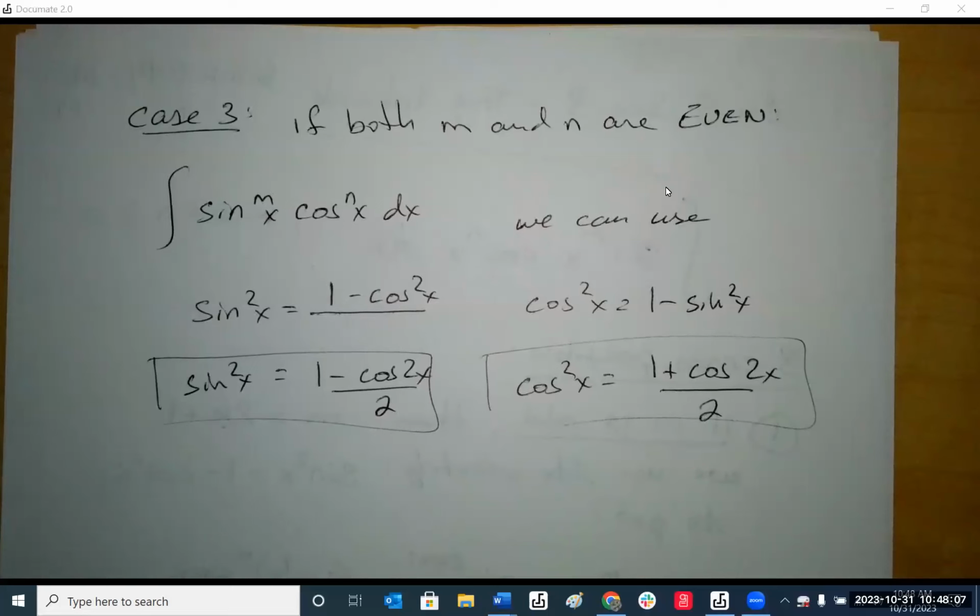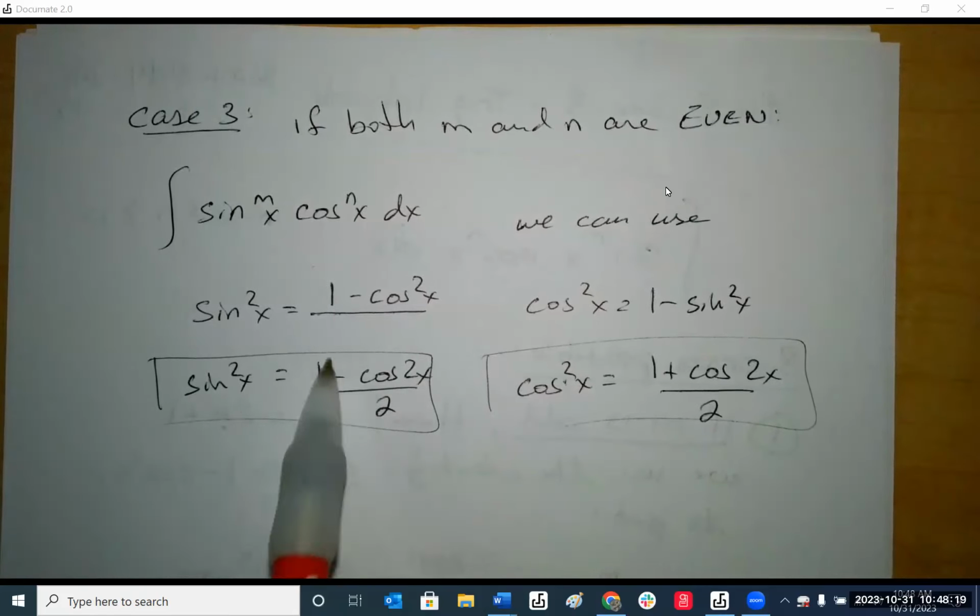The reason we do that is because if it's even, that means it's a multiple of 2. So let's say it's a power 4, then we'll have sine squared in parentheses squared, so it'll be this equation squared.